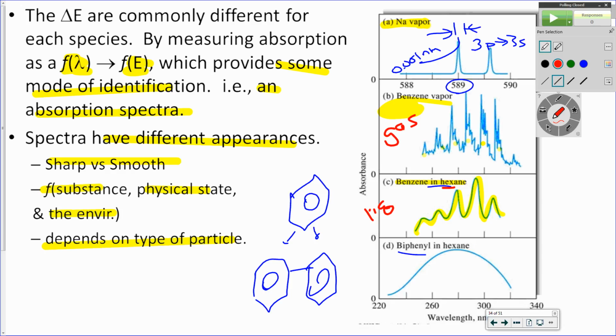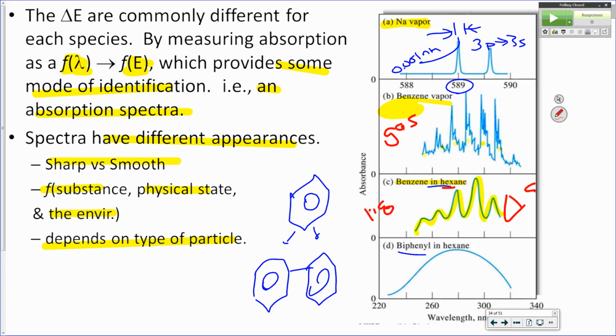If I would take benzene and run it in a different solvent, even the change in solvent, delta solvent, will cause the spectra to shift. In fact, when we do UV spectroscopy, I can tell if something will hydrogen bond or not by knowing which way it shifts if I go to a more polar solvent. So we can actually learn something about our compounds by looking at changes in the solvents and how spectra shift.